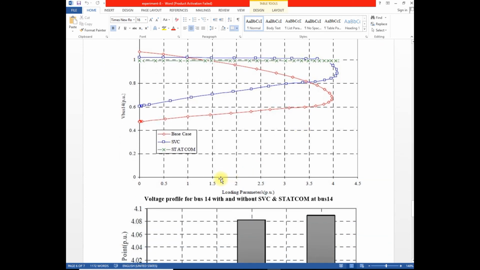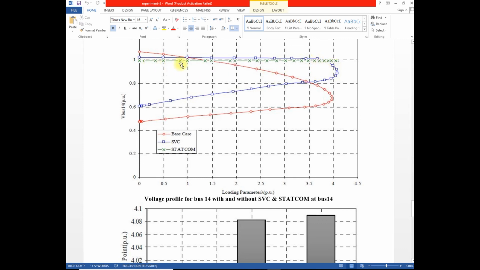In the same way, here you can see the voltage profile at bus number 14 with and without SVC and STATCOM in combination. This red line is the base case, without any FACTS device; as the loading increases, the voltage at bus number 14 gradually decreases. With SVC, shown by this blue line, near 3.7 per unit loading it remains constant, but after that it reduces.